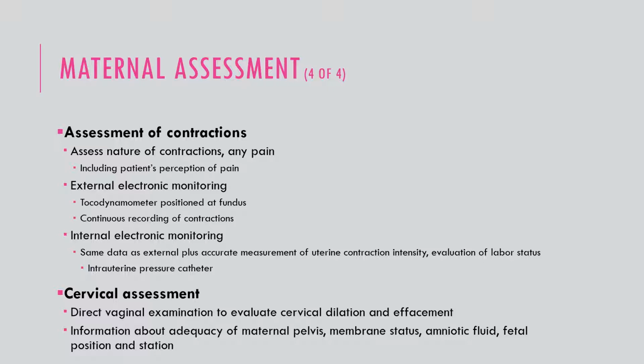And we can also assess contractions through an internal electronic monitor, and that type of monitor is called an intrauterine pressure catheter, or an IUPC. It gives you the same data as the external monitor, but it gives you an accurate measurement down to millimeters of mercury in terms of intensity of every single contraction.